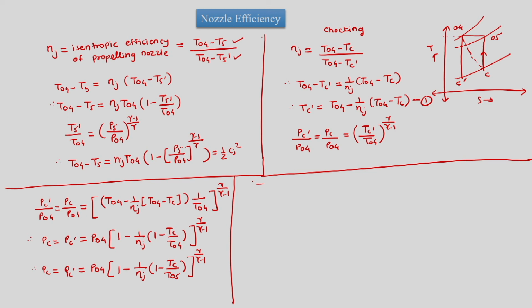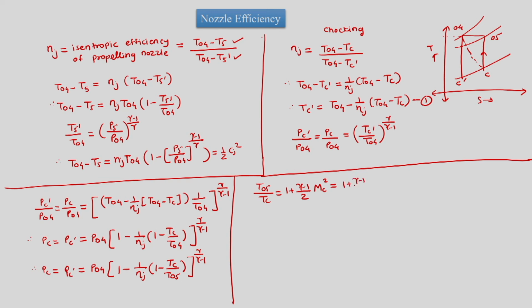For choking, we have T naught 5 upon Tc is equal to 1 plus gamma minus 1 by 2 into Mc, choking Mach number, square, but choking Mach number is 1.